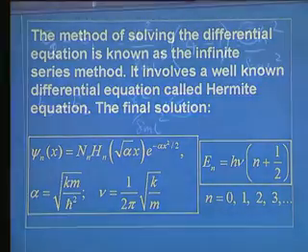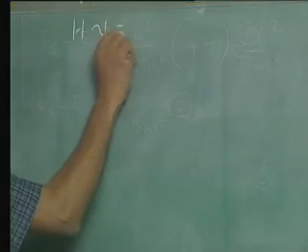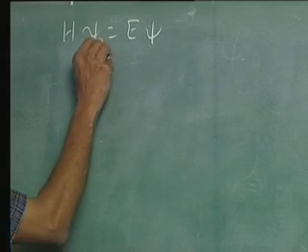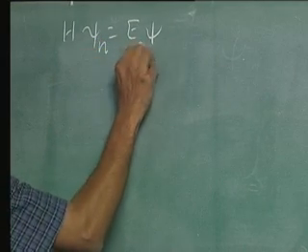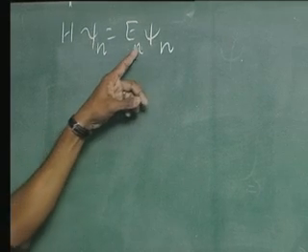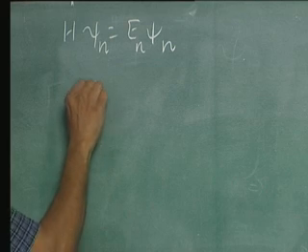What about the wave functions? Let's keep the solution H psi equal to E psi at the top, and what I just now said means that H psi n is equal to E n psi n. Corresponding to various values of E, there are different eigenfunctions. What is psi naught?